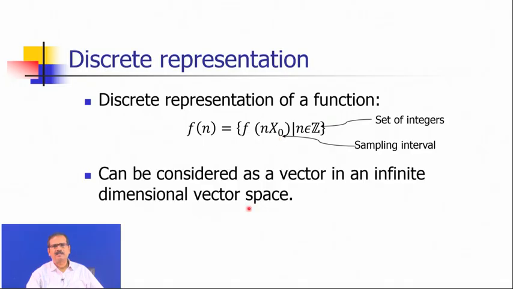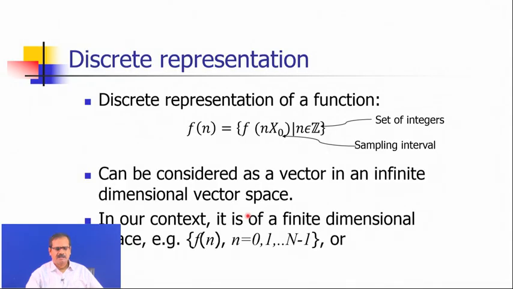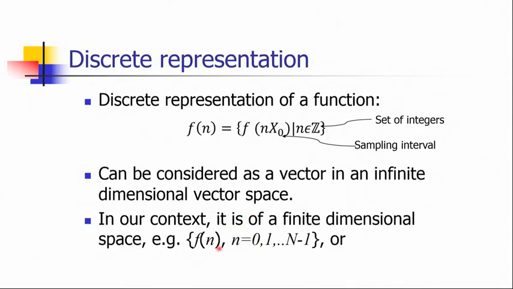It can also be considered as a vector in an infinite dimensional vector space, but in our consideration, since we will always be using images or signals of finite dimension, we are representing them in the computer, in the computation, in the discrete domain. So, there we will have only a finite dimensional vector, and for example, we can represent a function within a certain interval, say from 0 to n minus 1.